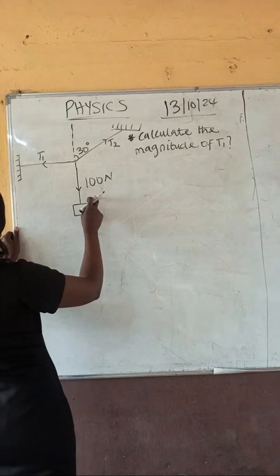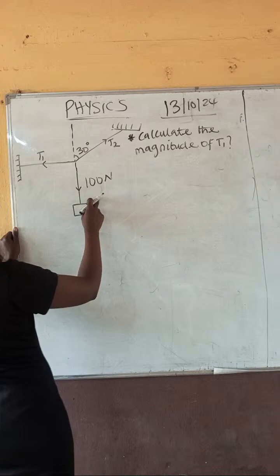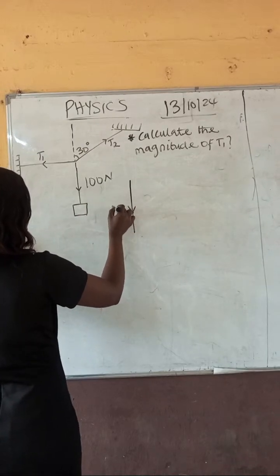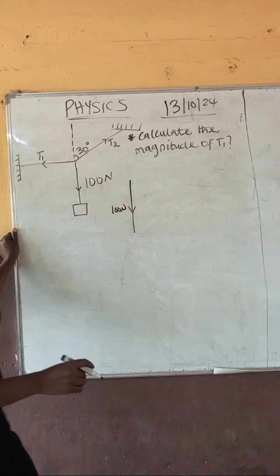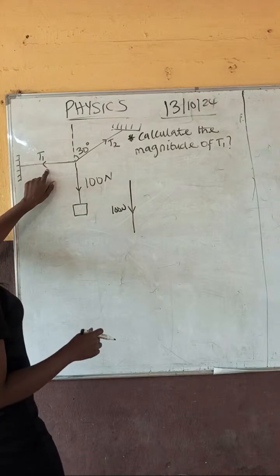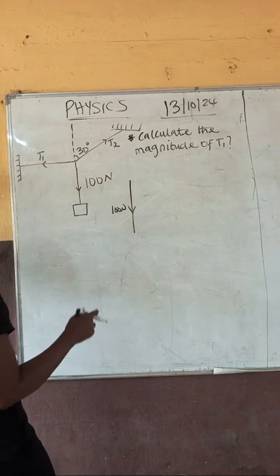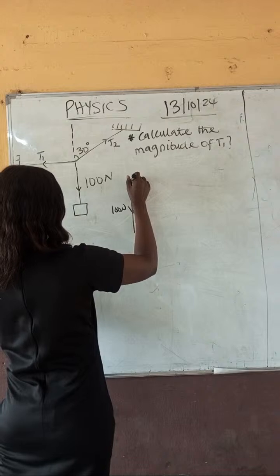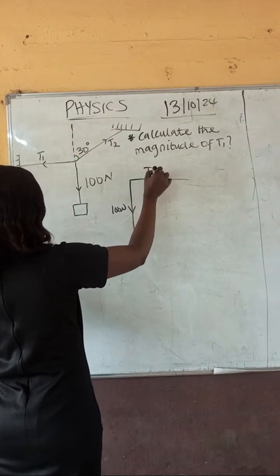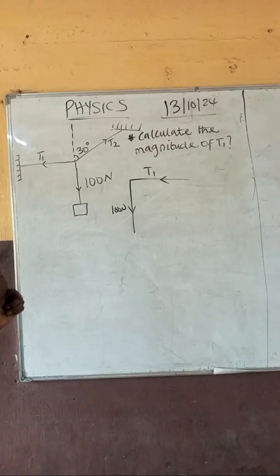This is acting down. Okay, so we go down. That is 100 Newton. Right? Now, this T1 is acting horizontally, so I can go this way. Okay, that is T1. Right?